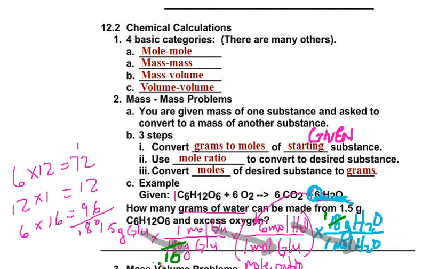This 10 is just like moving a decimal over to the left, so I'm going to add it over here. And so what we have left is 1.5 times 0.6, which is going to equal 0.9 grams of H2O, and that's our answer.